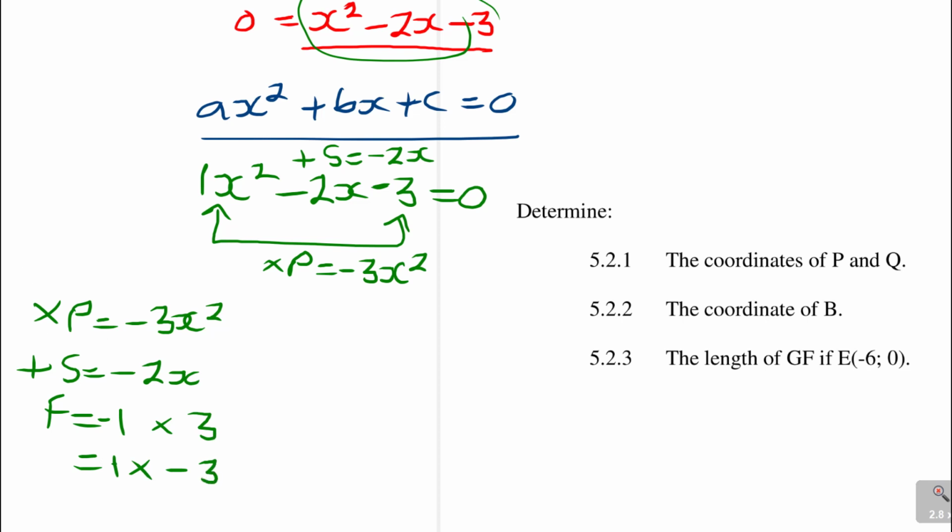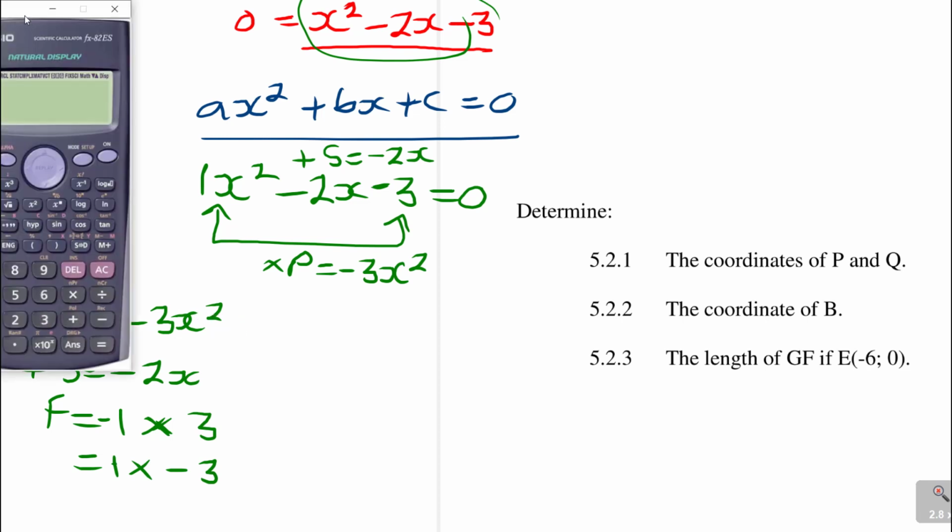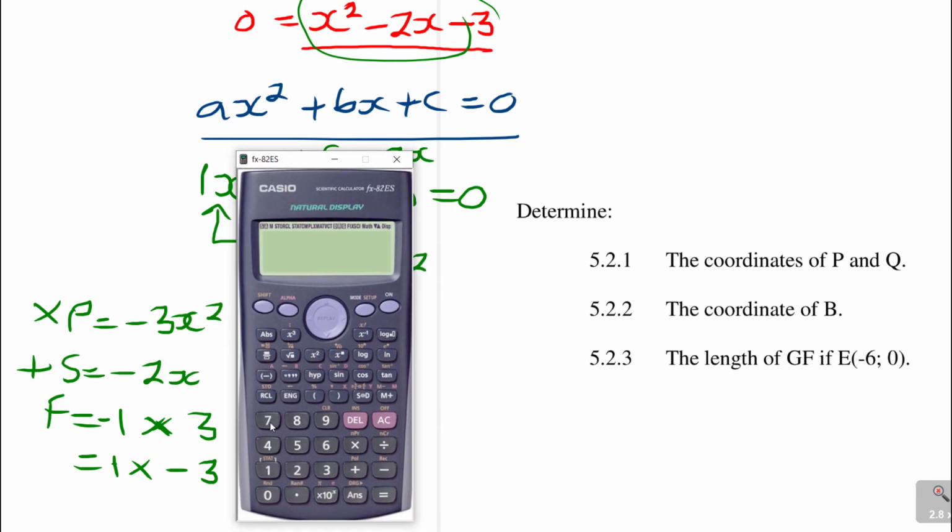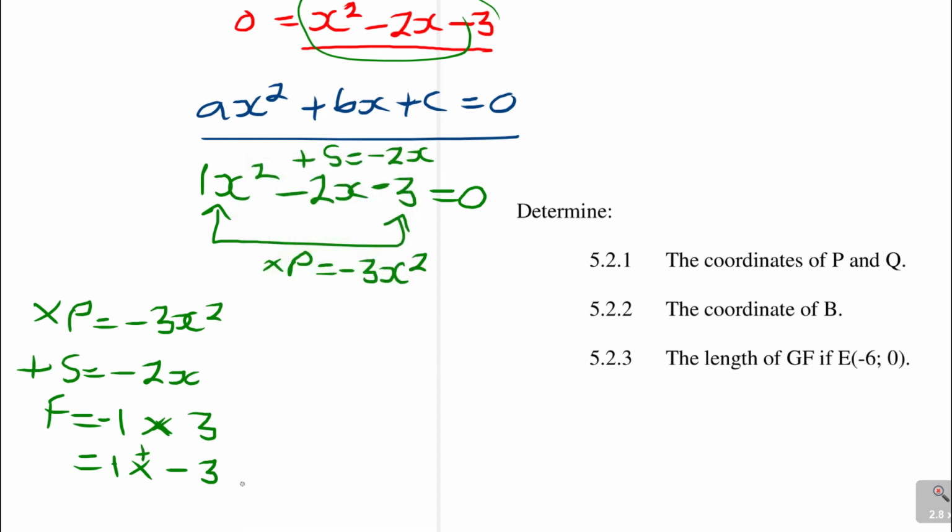Now, these two numbers, when I multiply them, minus 1 times 3, I get minus 3. 1 times minus 3, I get minus 3. But now when I add them, I need to get a negative 2. So minus 1 plus 3, I'm getting a positive 2. But 1 plus negative 3, I'm getting a negative 2. So this is the one that will give me a negative 2.